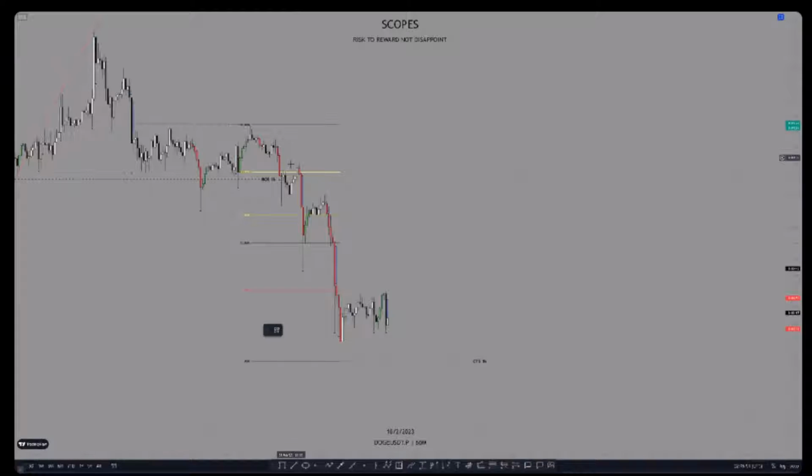You could do this one, how you want to play it, but because there's imbalance left here, which is pretty large to fill, I would be looking at the candle in that area.